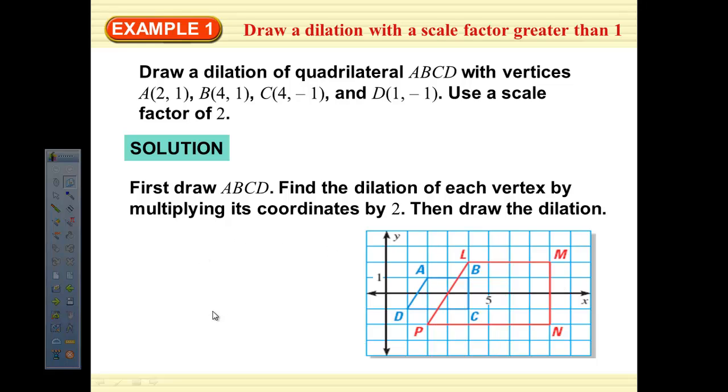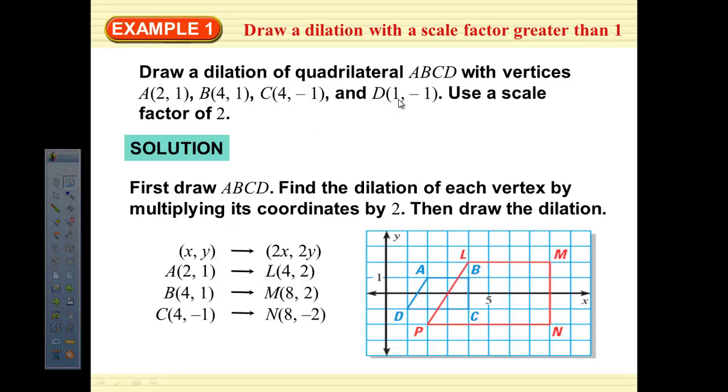What we do literally is we'd say x comma y becomes 2 times x and 2 times y. So, for example, 2, 1 would become 4, 2. And 4, 1 would become 8, 2. C would become 8, negative 2. And D would become 2, negative 2.